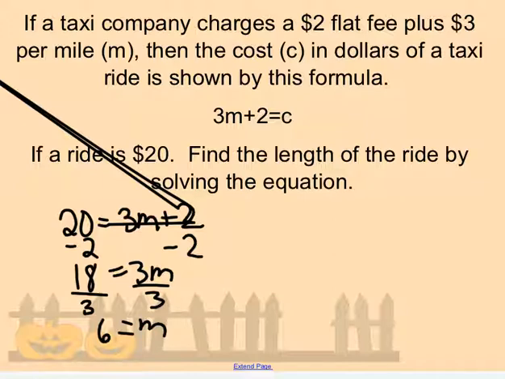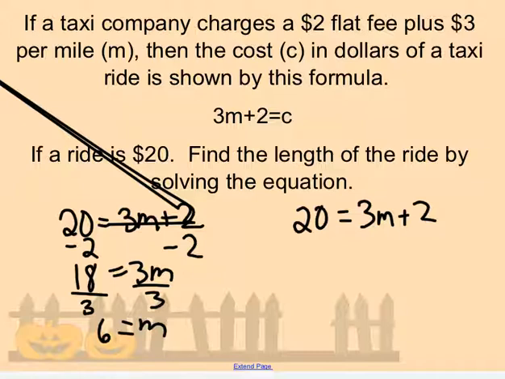Although that's great and we can definitely use that computation to our advantage, let's think about this logically. That's what this whole lesson is about: being able to look at equations and logically think about them, saying what number is the only one that makes sense here. If we look at our original equation, 20 equals 3M plus 2, what I can say to myself is, what number M, if I multiply it by 3 and add 2, would get me up to 20?